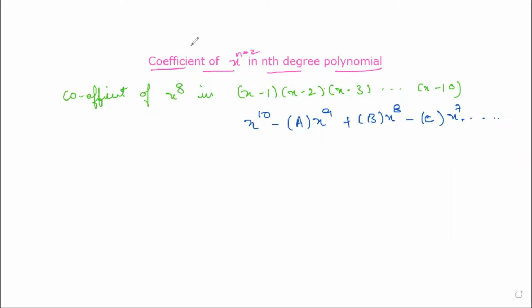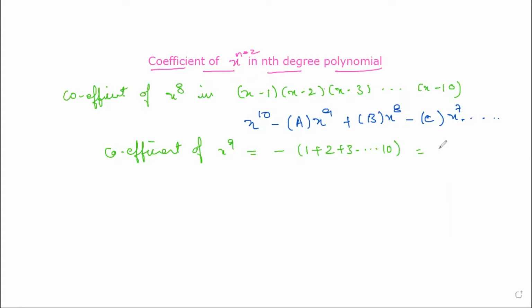So to find the coefficient of x^9, generally we take it as the negative sum of all roots.